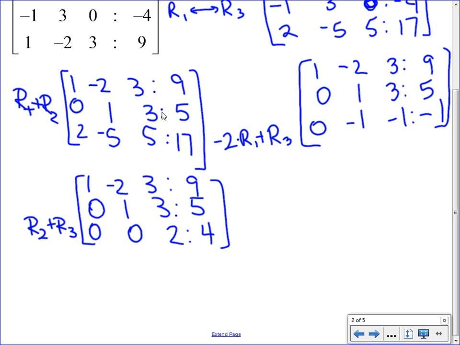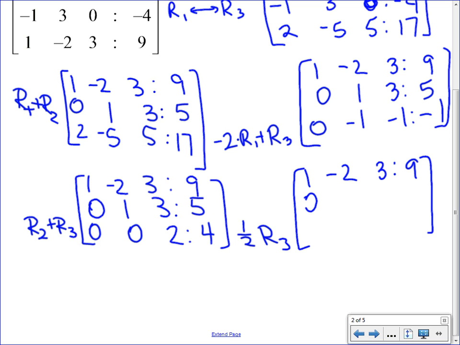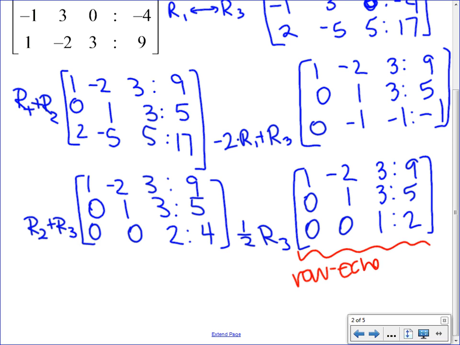This is easy because all we have to do is say row 3, cut it in half. Okay, so here we have row echelon form.